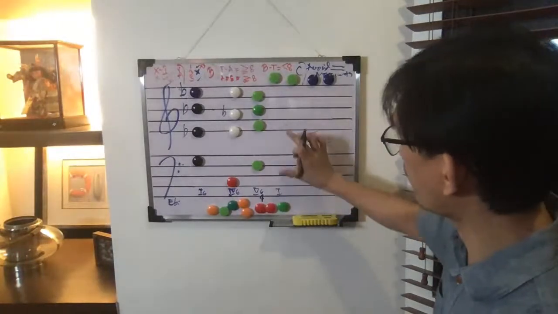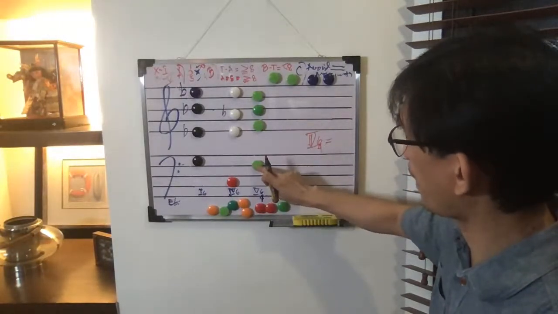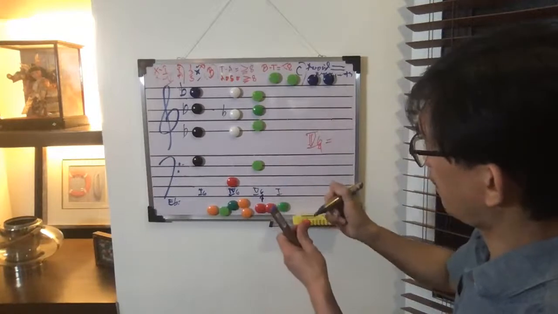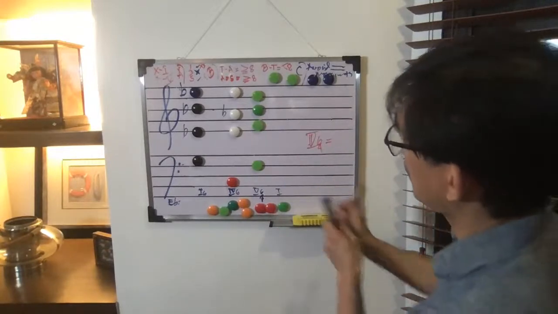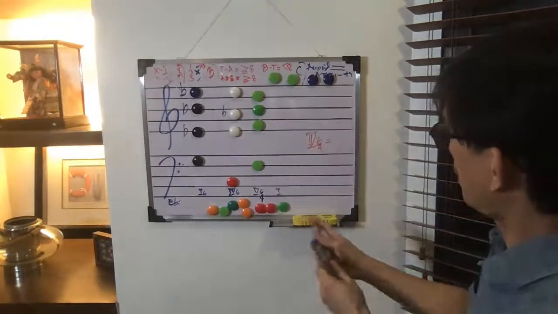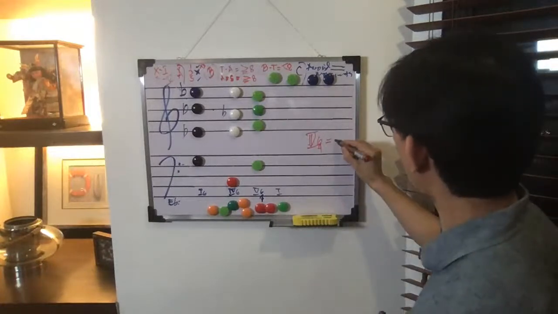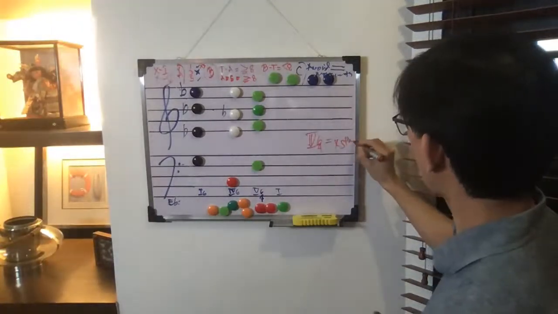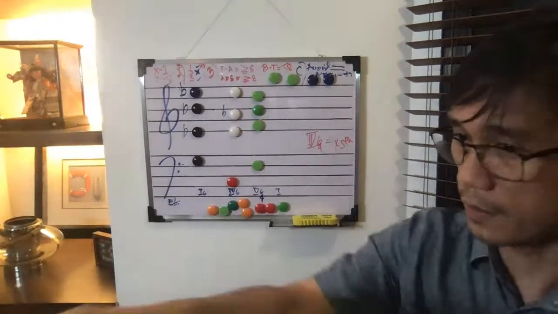It works better when you double the fifth, which is F and F. In this case, we double the fifth. So double the fifth.